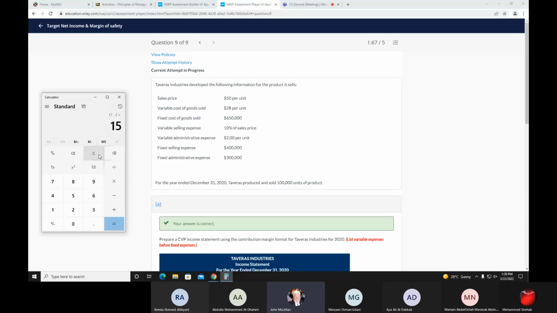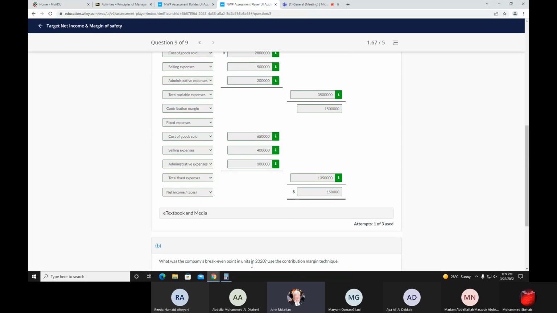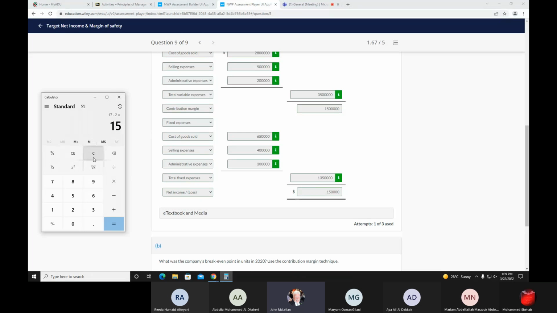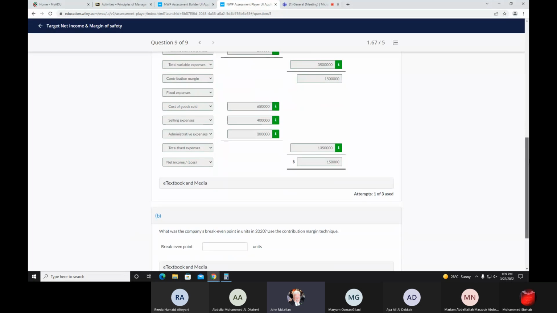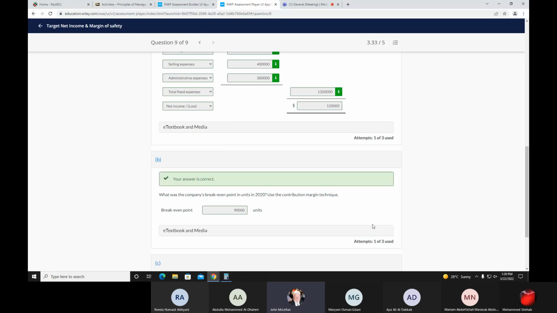So that's your contribution margin per unit. And if you go down, you have your fixed costs. And there you have enough to calculate the break even. Okay. 90,000 units. Good.